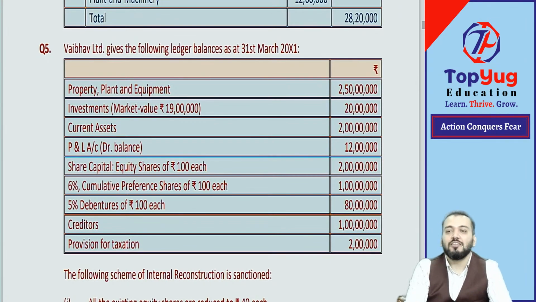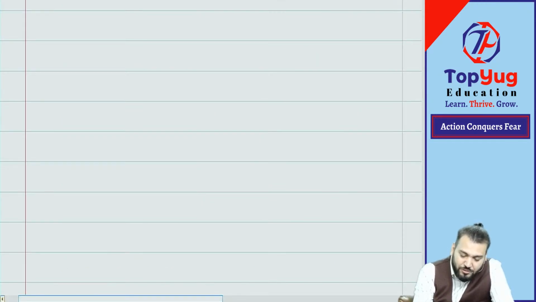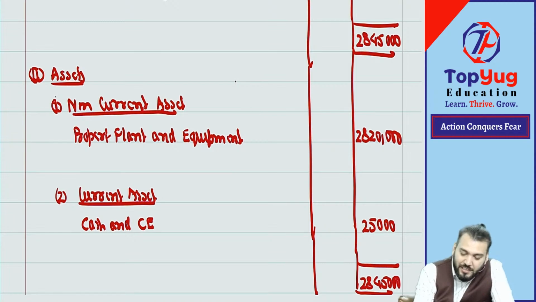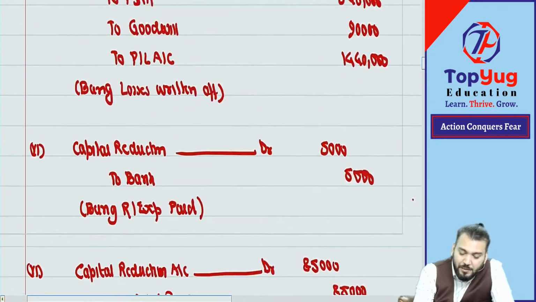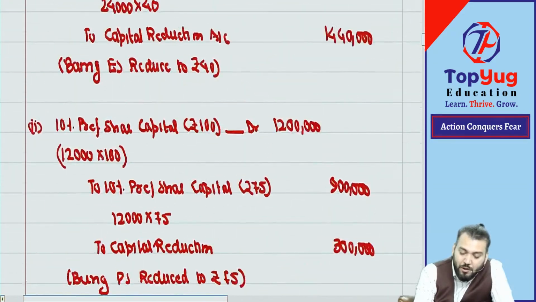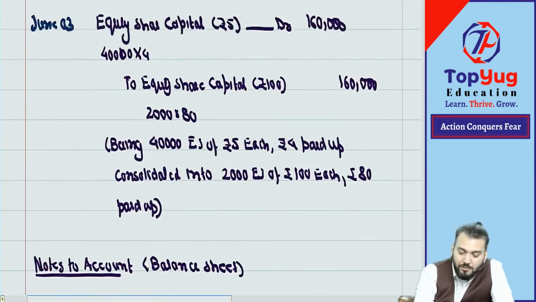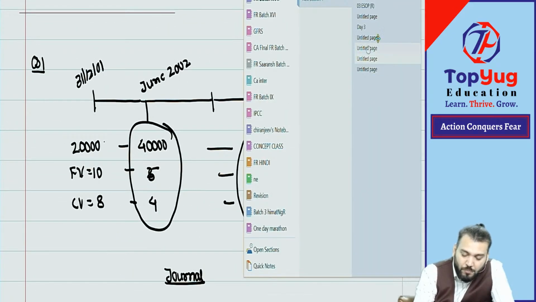Okay. Now, coming to the internal reconstruction chapter, let us revise what we have done. We have understood what internal reconstruction is. It is a scheme where the company is reorganized without going into liquidation. What is the objective of this chapter?